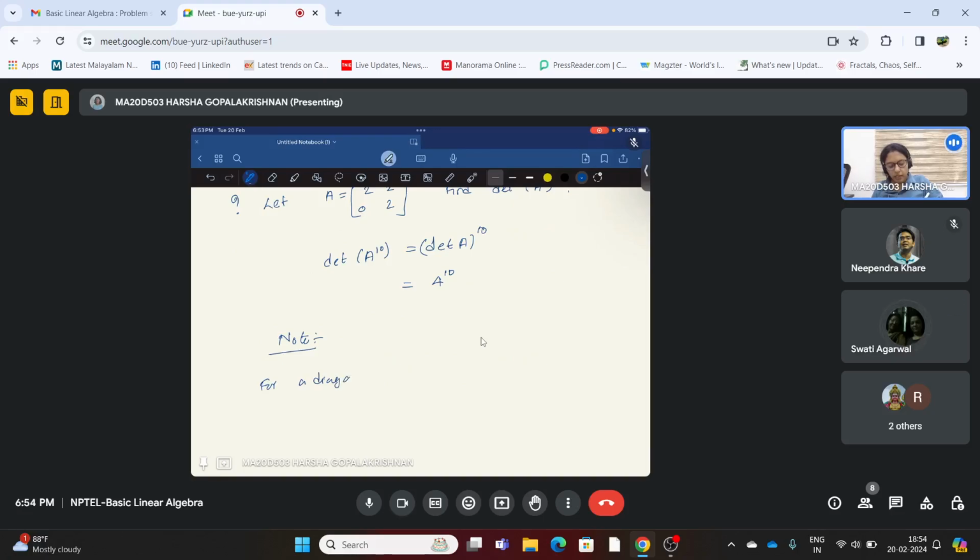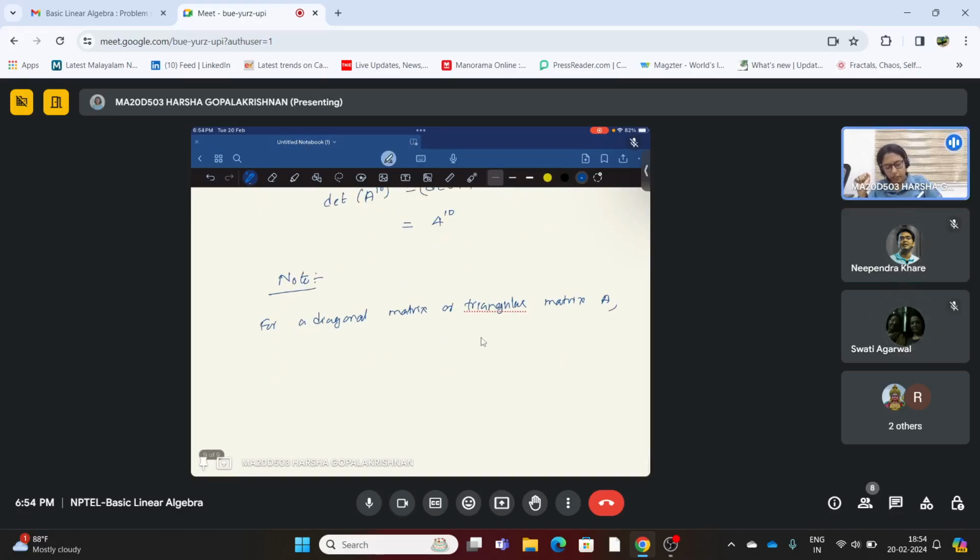How can we quickly find the determinant for a diagonal matrix or triangular matrix? I mean, not what the determinant will be, but how you can easily say it in terms of some particular entries. It is the multiplication of all diagonal elements.